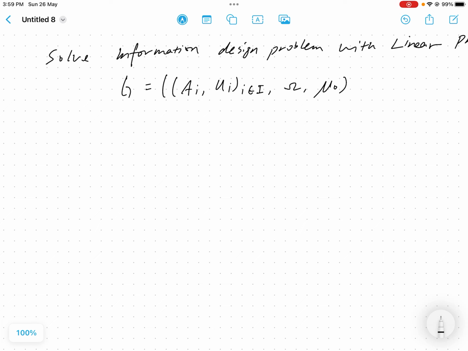Okay, so an information designer can choose the information structure T. So T just includes S and pi, right? So the signal realization for each decision maker and the information structure, the signal itself, pi. And the information designer chooses this.